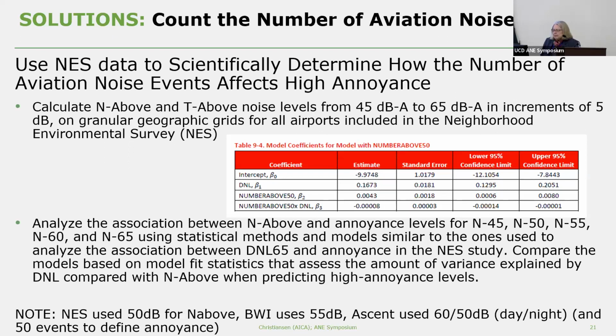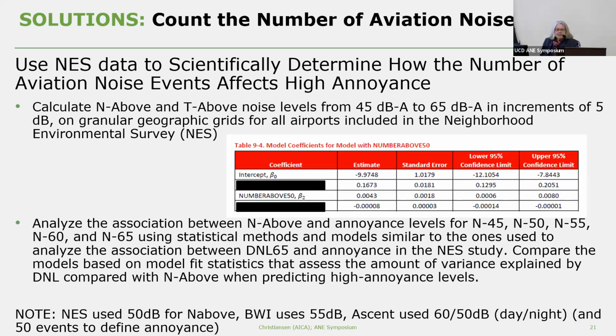But focusing on N above, I believe that with the data that the FAA has, it could do a better analysis of the N above data. All that they did in the survey analysis was to interact N above with DNL. So we do not know from this study whether or not N above is as good of a predictor as the people on the ground are telling us it would be.